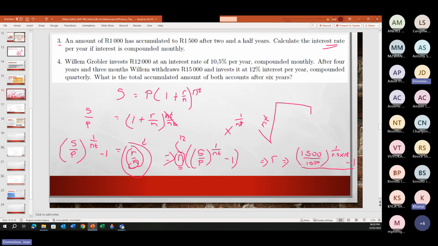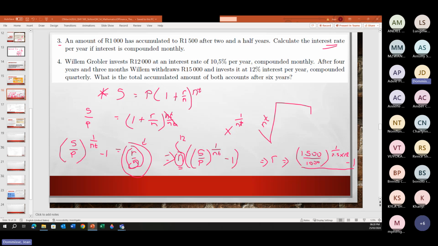I easily made the mistake here to actually divide instead of multiply. By just doing one thing wrong in this long calculation, one can easily make a mistake. So if you're happy to use the formula, do that.